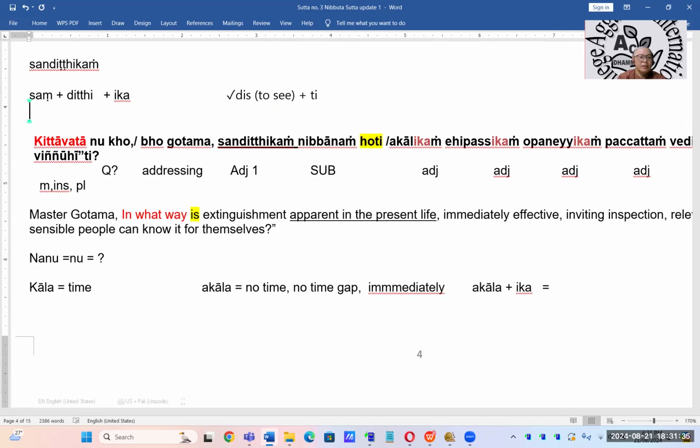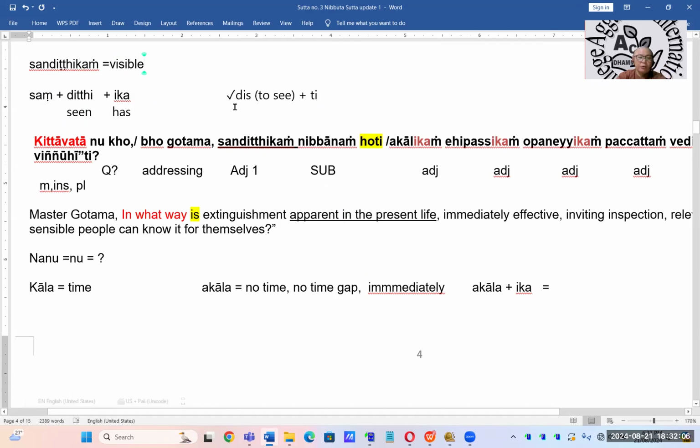Now we have this sandiṭṭhikaṃ. Diṭṭhi is seeing, and ika means has or possesses. So we have to think about what is the meaning of saṃ. Normally sandiṭṭhikaṃ we translate as apparent or visible. The direct translation for sandiṭṭhikaṃ is visible, because something you see with your own eyes is apparent.